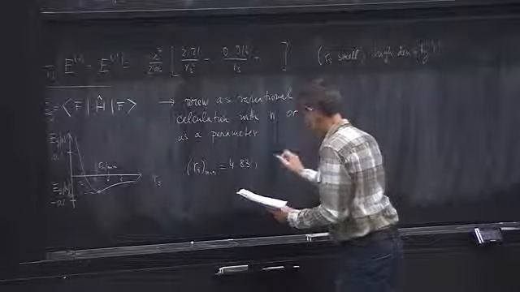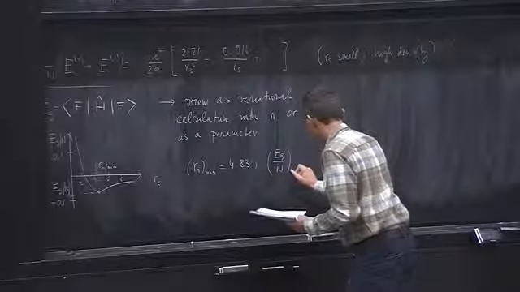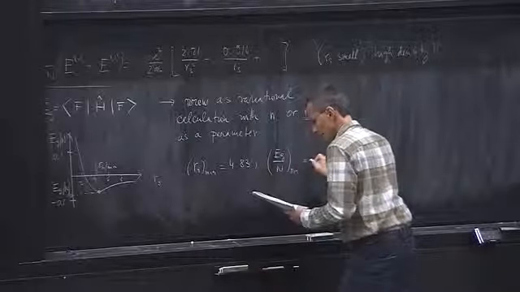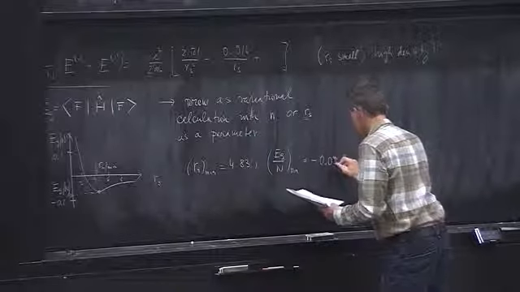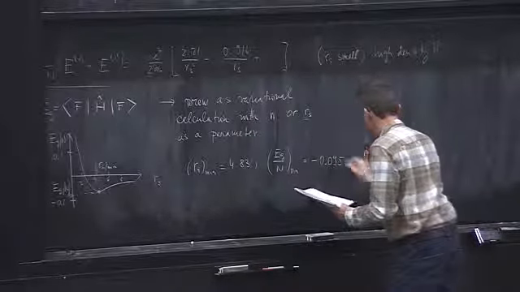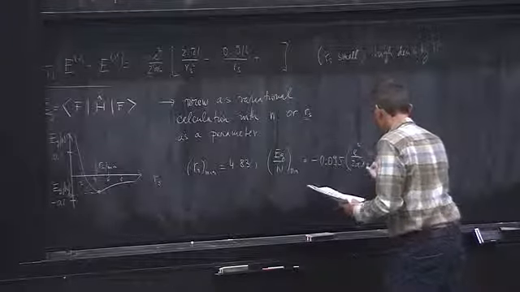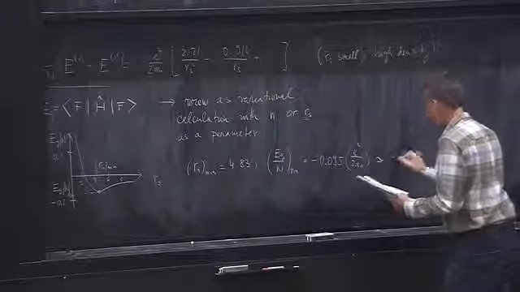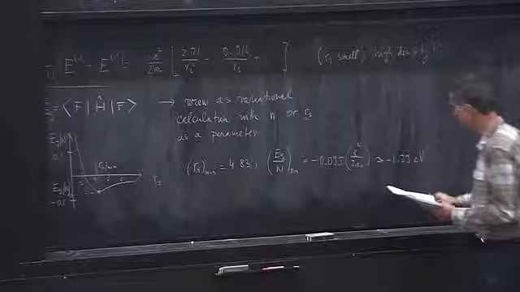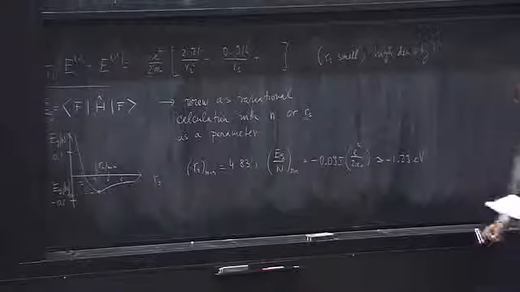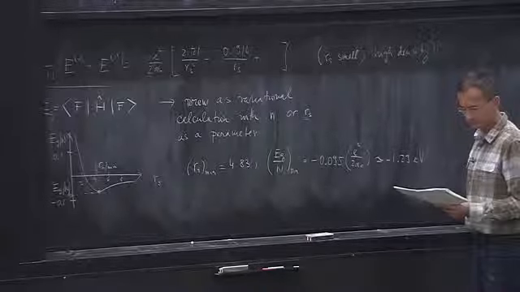So this value is minus 0.095 of this e squared over 2a0, or approximately minus 1.29 electron volts when I put 13.6 electron volts for this value.